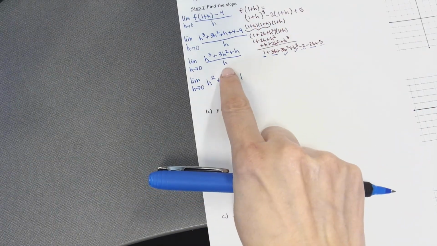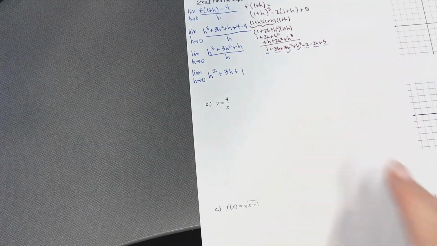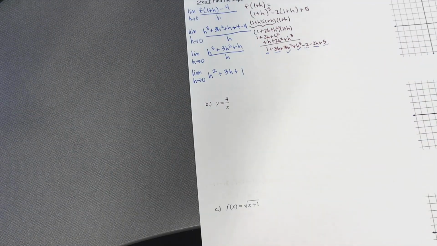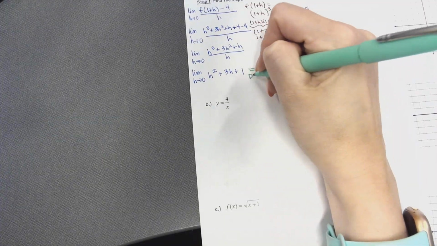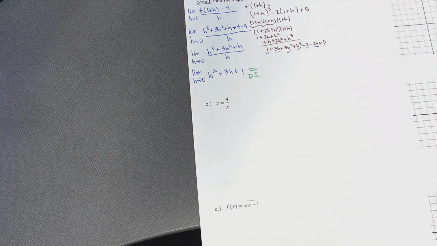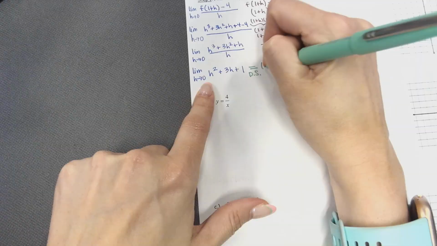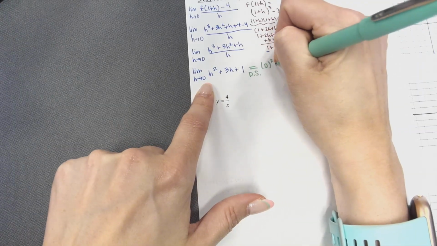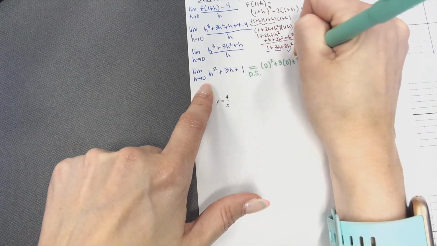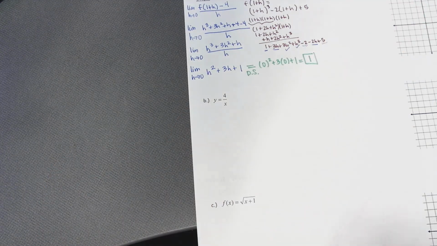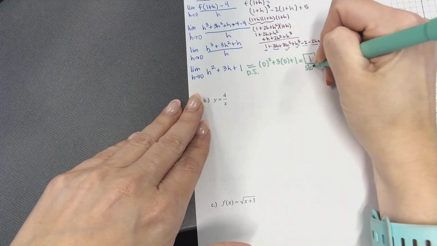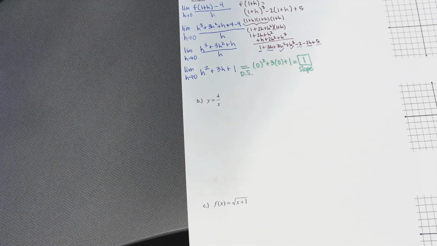So I can't plug in 0 here because I still have that h in the denominator, but now I can do the direct substitution. Like I said, I'm just going to call this DS for direct substitution, and then just show how you're plugging those in. 0 squared plus 3 times 0 plus 1. And then the rest you can do with mental math. Okay, that's the slope.